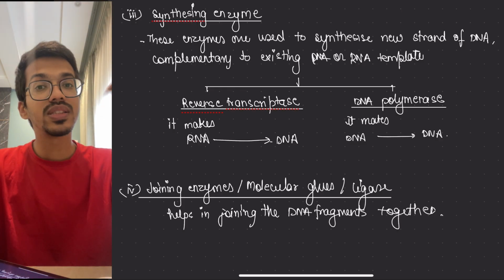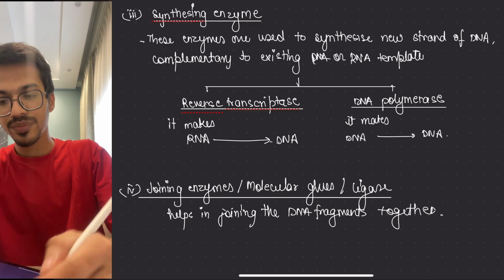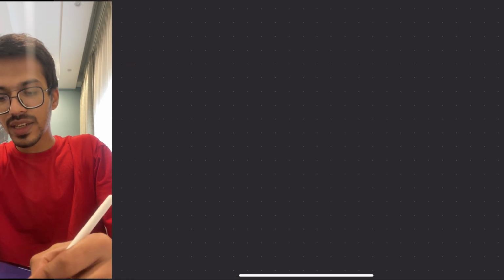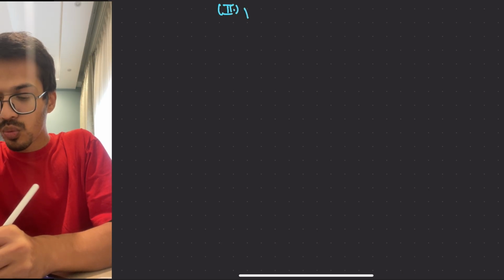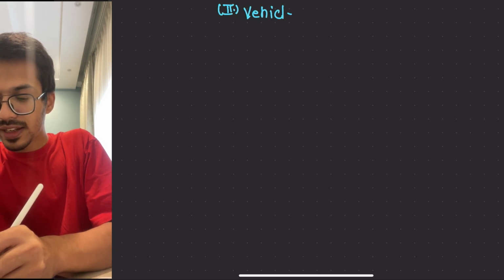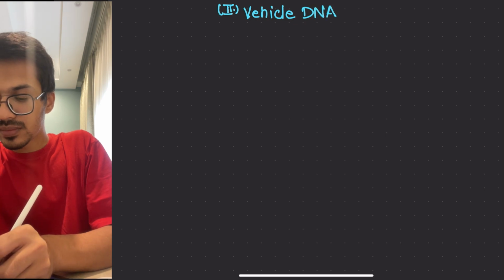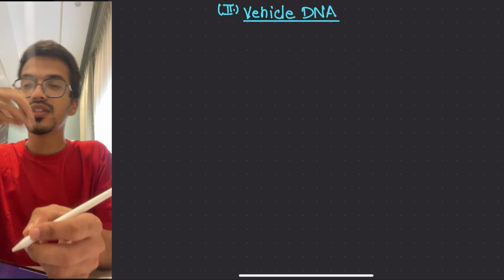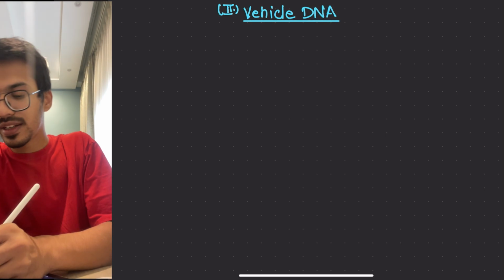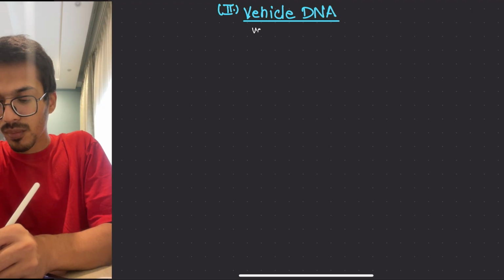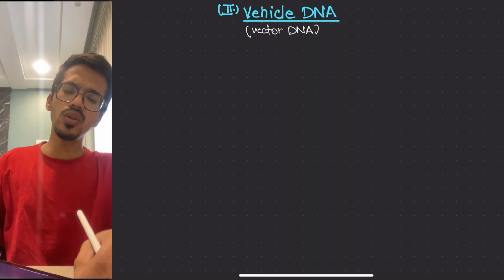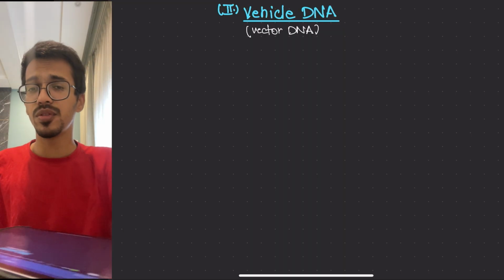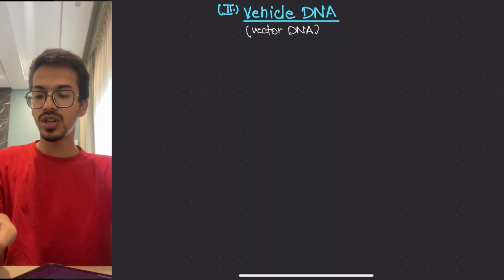Next comes the vehicle DNA. The second tool is the vehicle DNA. It is also called vector DNA. Just remember the name. We have studied the word vector before also, and a similar kind of function will be here.